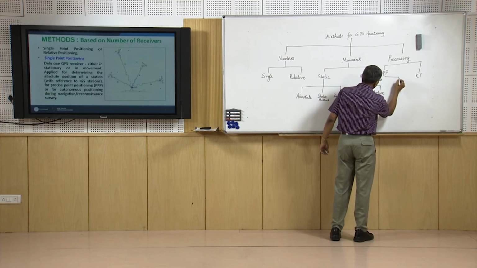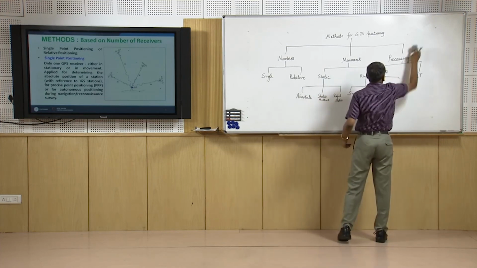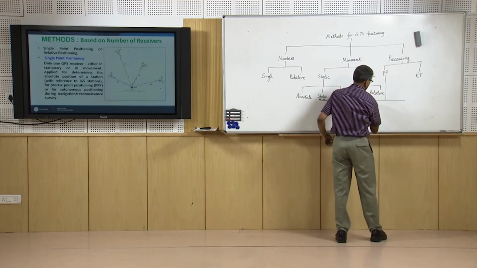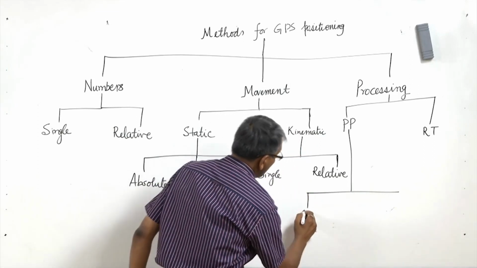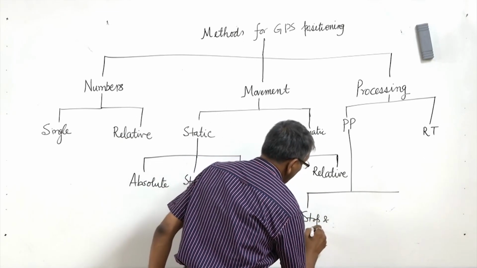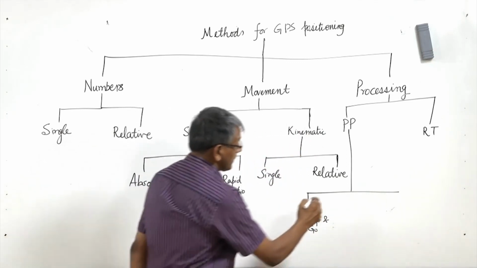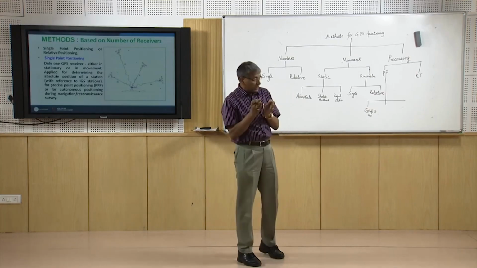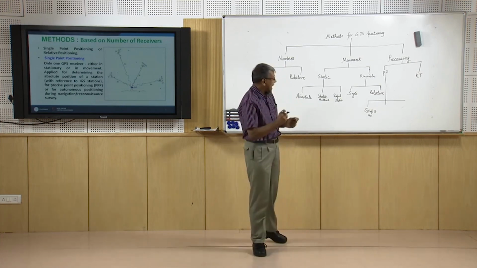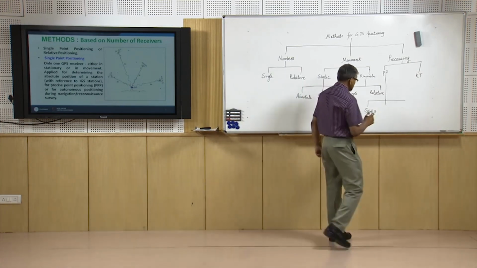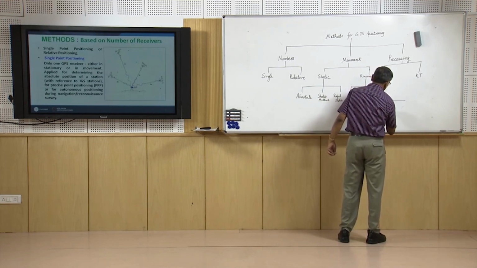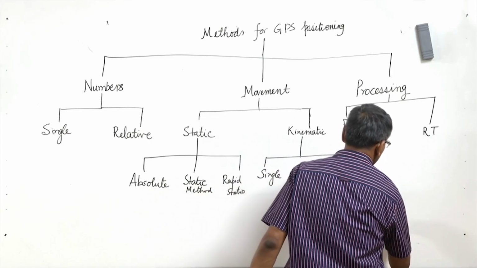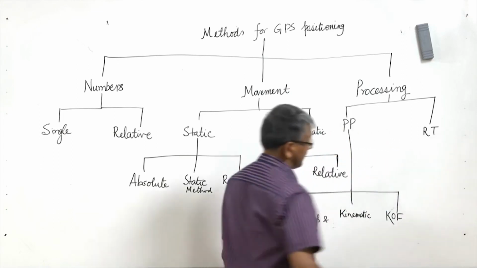Again under post processing there are three types of positioning. One is called stop and go, where we consecutively stop and take the reading and then move forward to the next point. Another is called kinematic, and the third is kinematic on the fly, KOF.